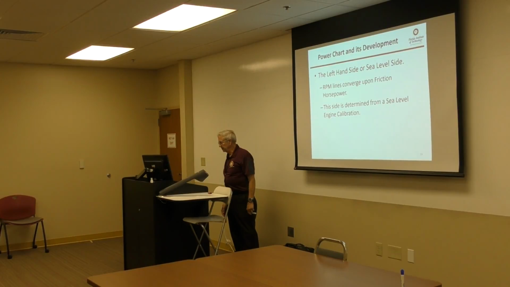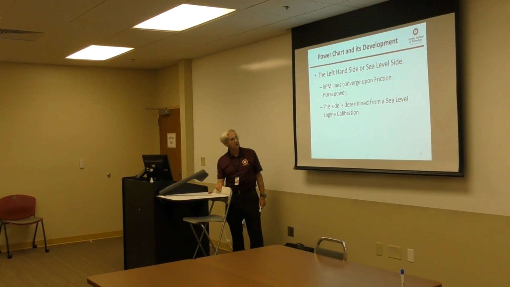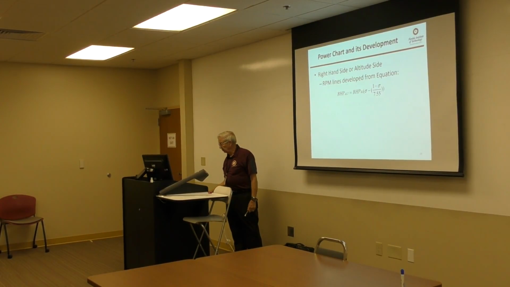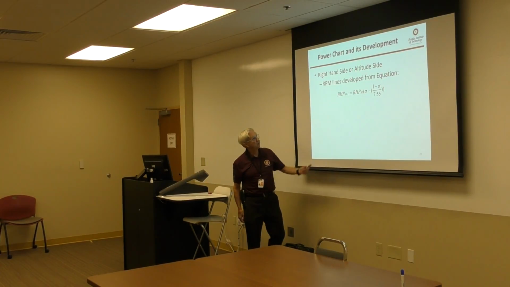We call the left-hand side the sea level side, and all those lines go to the friction horsepower. And we determine that through an engine calibration. The right-hand side, we call the altitude side, and we get the RPM lines from this equation.